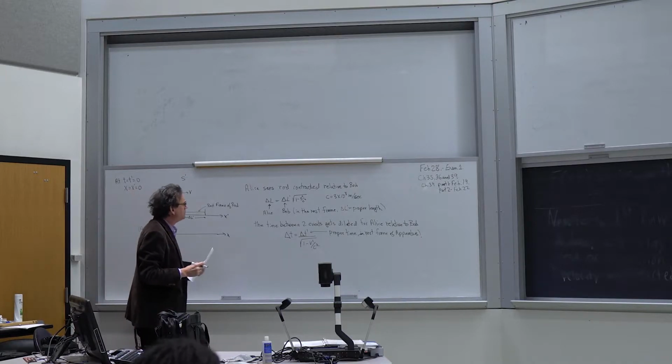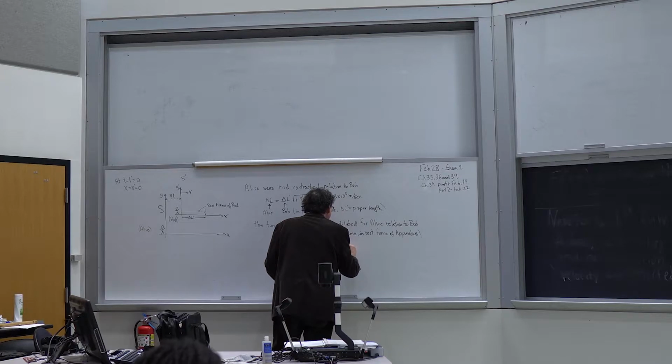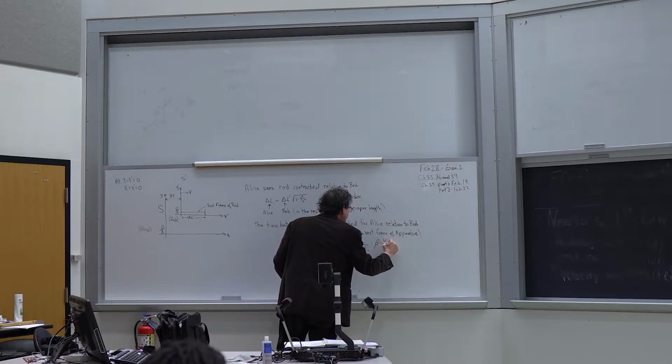That's about it. I am going to introduce a couple of new abbreviations. One is called gamma. Gamma is the Lorentz factor. It is given by 1 minus v squared over c squared. And sometimes we'll use beta, which is equal to v over c.